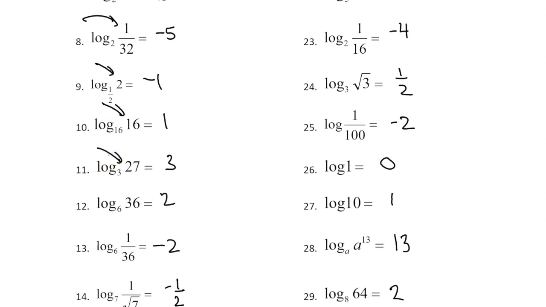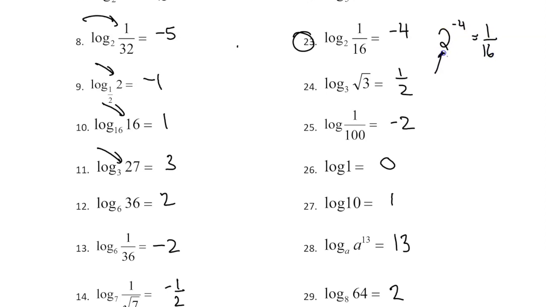That's because when you take a positive base and raise it to a power of anything, it's going to result in a positive solution. I'll give one example right here. If we look at number 23, if you were to take that log and write it in exponential form, you'd be saying 2 to the power of negative 4 equals 1 over 16.